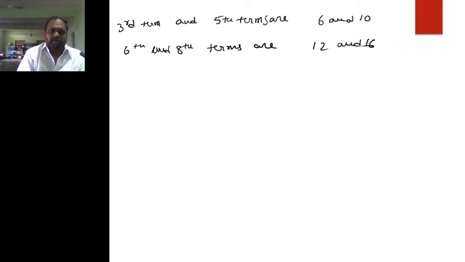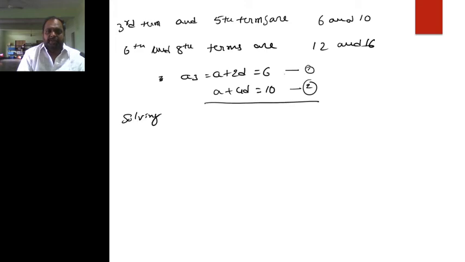So the third term of the AP, A3 is equal to A plus 2D is equal to 6. Next, fifth term, A plus 4D is equal to 10. Let this be the first equation and this the second equation. Solving 1 and 2, subtract the second equation from the first.